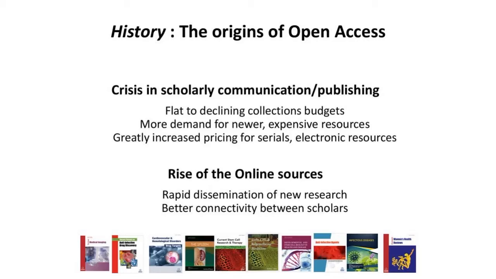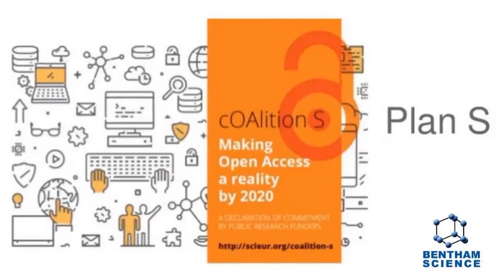The internet led to much better connectivity between researchers, epitomized actually in recent movements around the world, but this is probably the most famous of the open research, open access movements that we've seen, Plan S, a movement by the European Union to mandate that any research funded by grants from the EU has to be published in an open access outlet that is free to everybody.